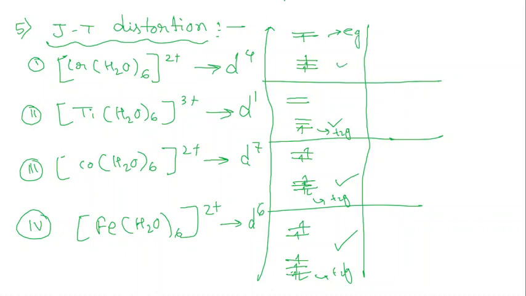In eg, that means dx square minus y square and dz square orbitals, these are higher in energy because in that position the interaction is most, meaning direct interaction is happening. So if the electrons are present in the eg orbitals, the Jahn-Teller distortion will be maximum. So this will be our answer.